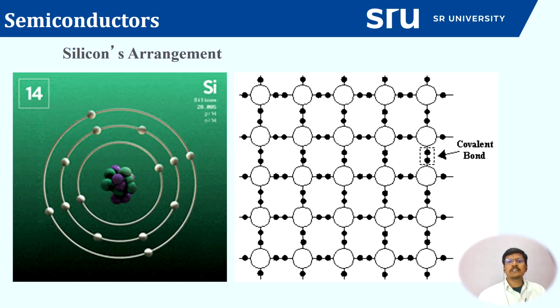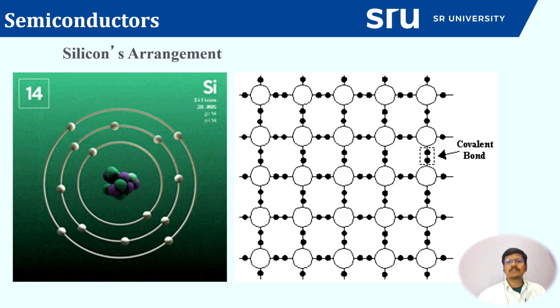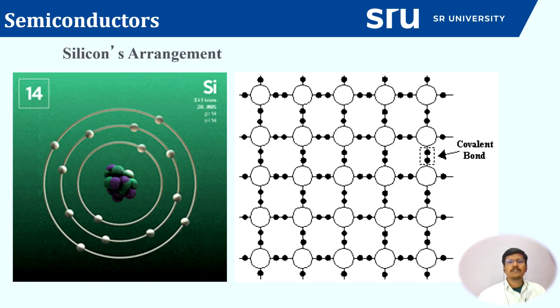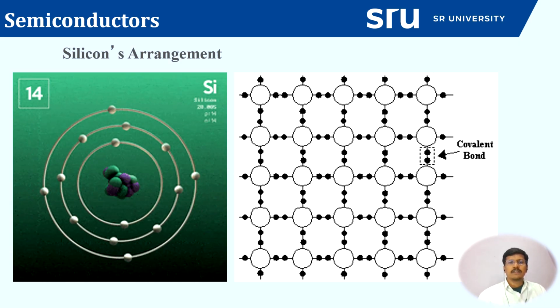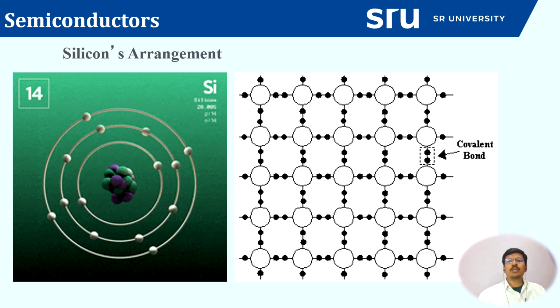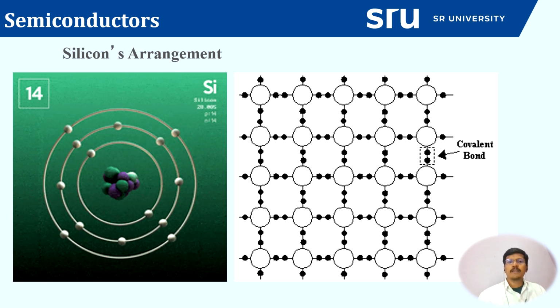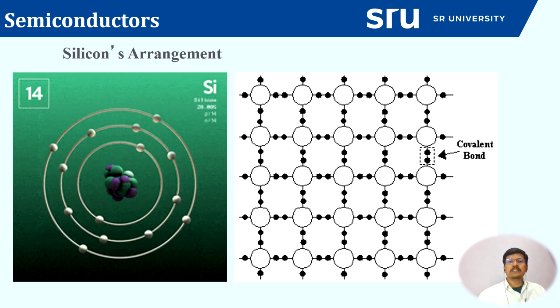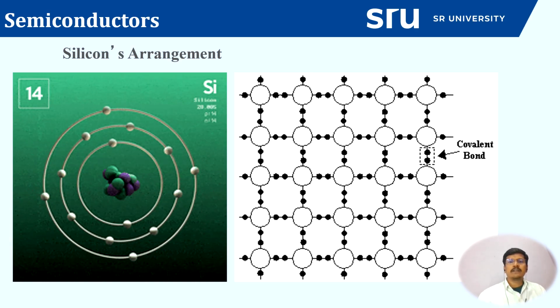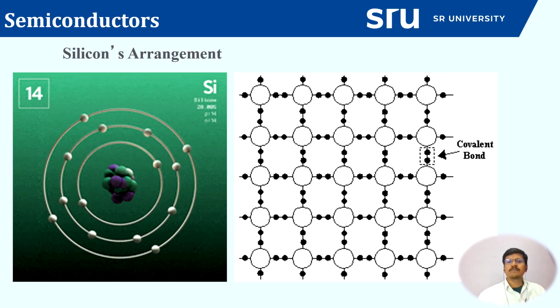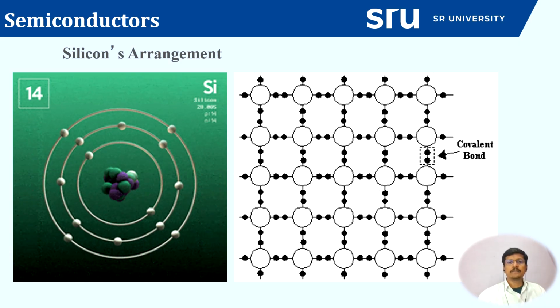The silicon crystal structure also provides a platform for doping. By introducing a small amount of impurity atoms into the silicon crystal lattice, we can dramatically alter its electrical conductivity.